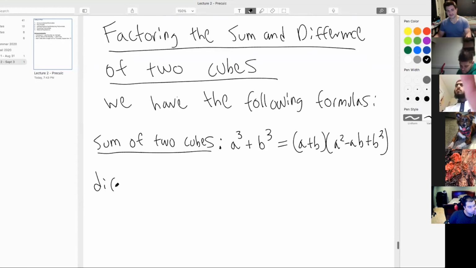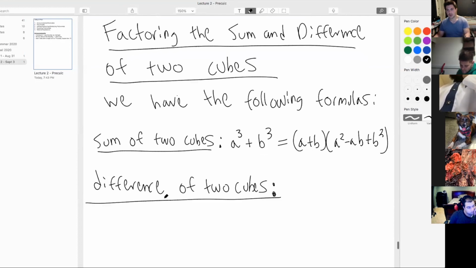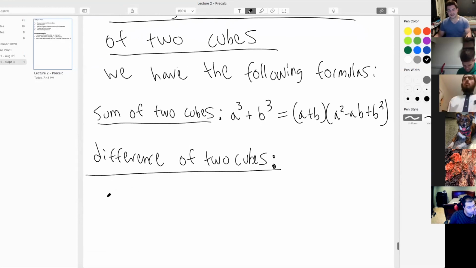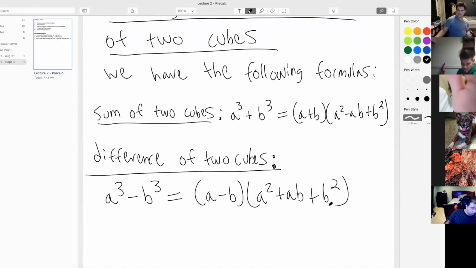Similarly, I have the difference of two cubes, a cubed minus b cubed. I can factor this as a minus b multiplied by a squared plus ab plus b squared. Those are the formulas.